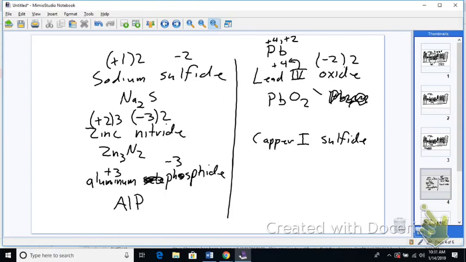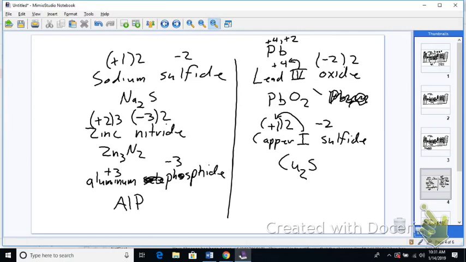So this is copper 1, so this charge is what? Plus 1. Sulfur is minus 2. So I need 2 of these. So it's Cu2S to get them to work. So the Roman numeral indicates the charge.